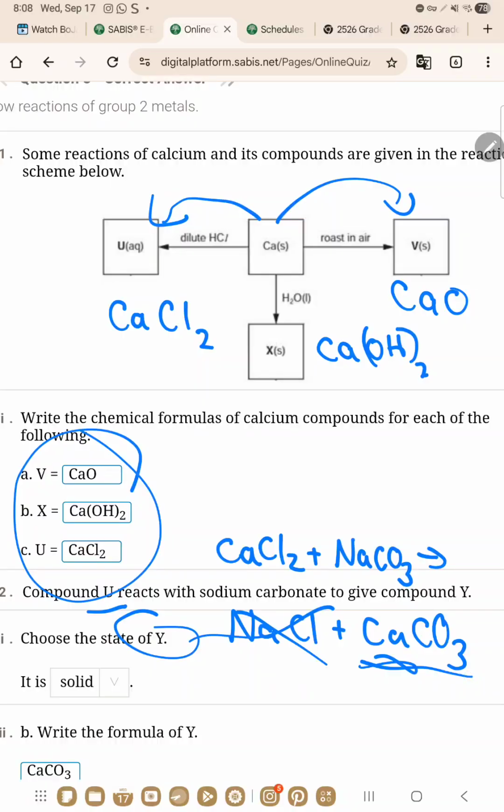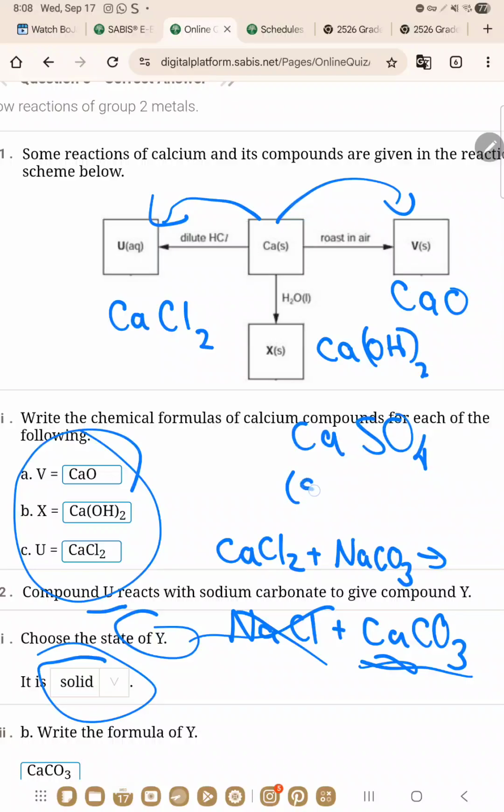Carbonates are never soluble except with the few exceptions we took last year. You need to remember solubility rules. CaCO3 is not soluble, so it is a solid. And last week in the MS, there was a question that came. It was calcium sulfate. We had to write it down in a reaction.